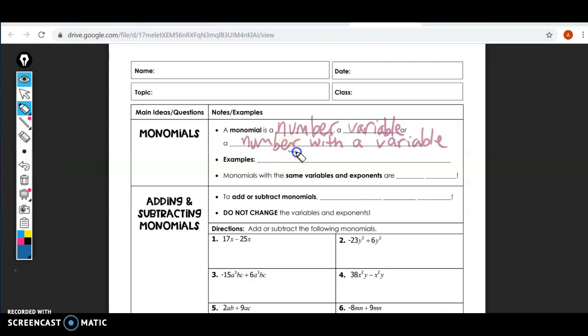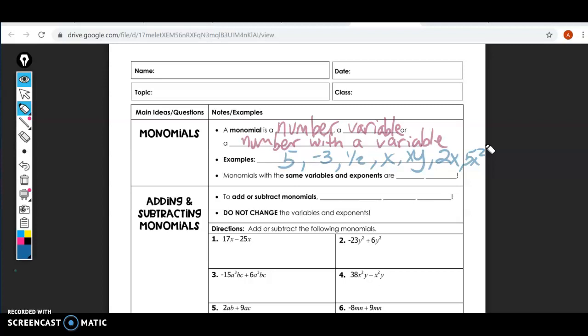include a constant like 5, or -3, or 1/2. The variable could be x, it could be xy, it could be a number with a variable like 2x or 5x squared, just as long as it doesn't have addition or subtraction sign in it.